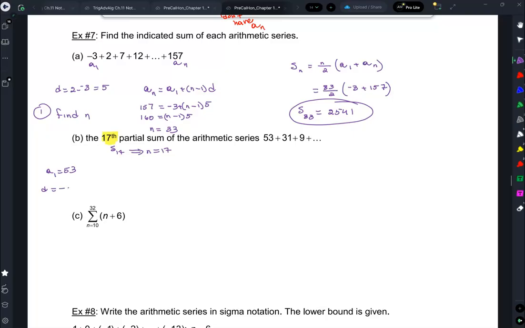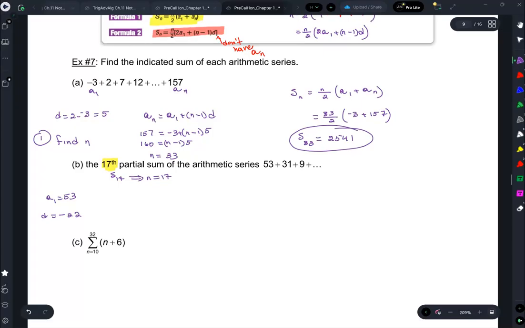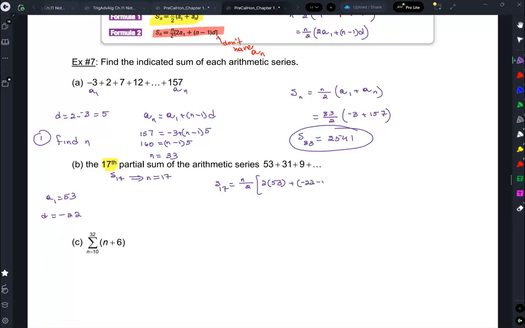In this case, it's negative 22. I'm not given A sub n, right? So in this case, I use that second formula. So S sub 17 is n over 2, 2 times 53, plus n minus 1 times d.